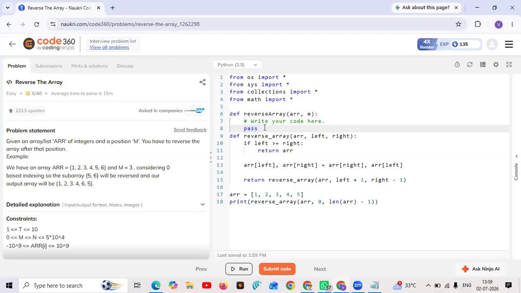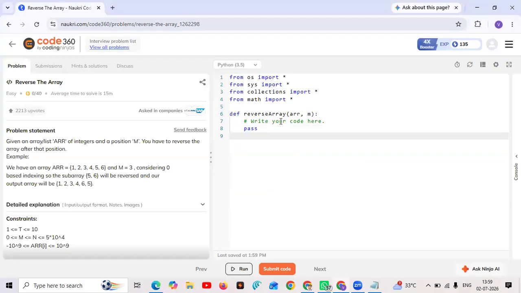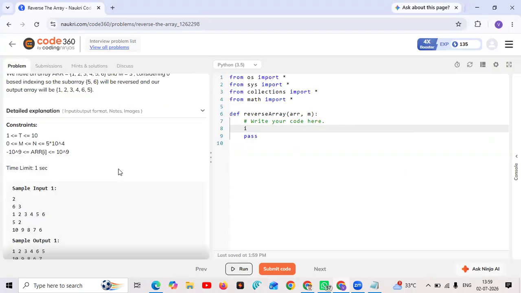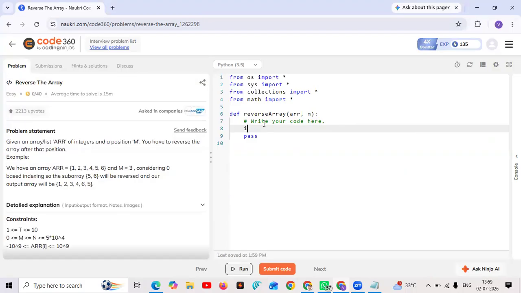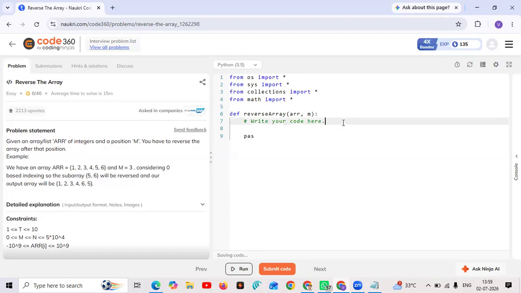Basically, this is the format, and you have to start writing the code from here. First you have to define your left and your right pointers as usual over here. We are running short of time, so I should just make the code over here. One minute. Okay, now it is going on.